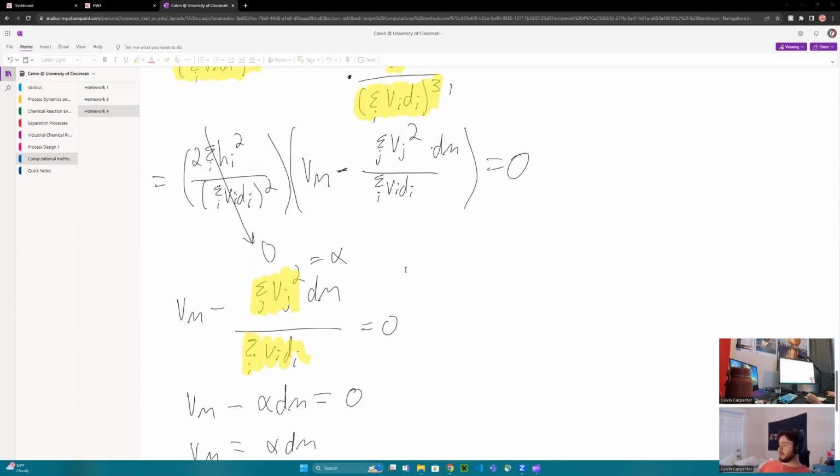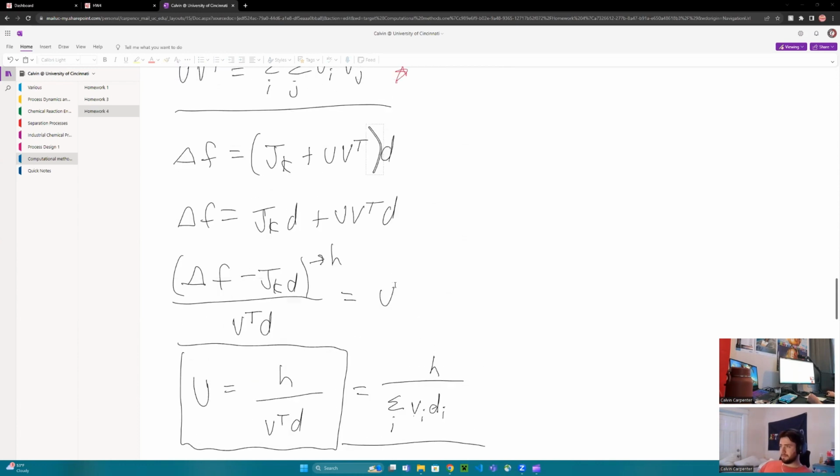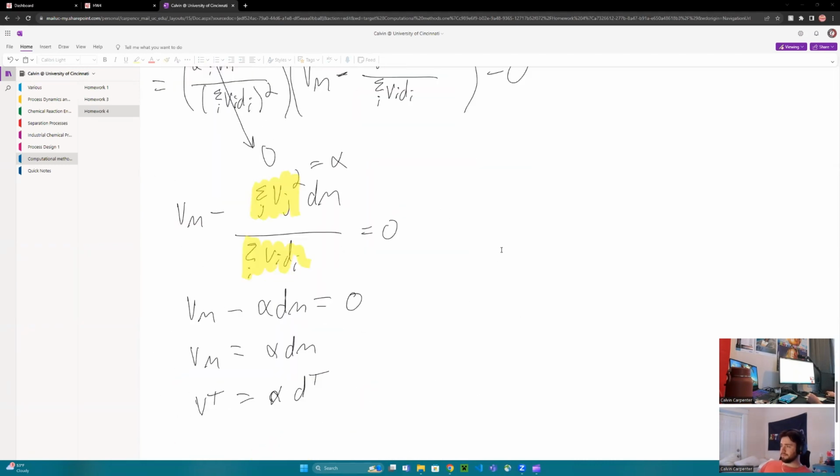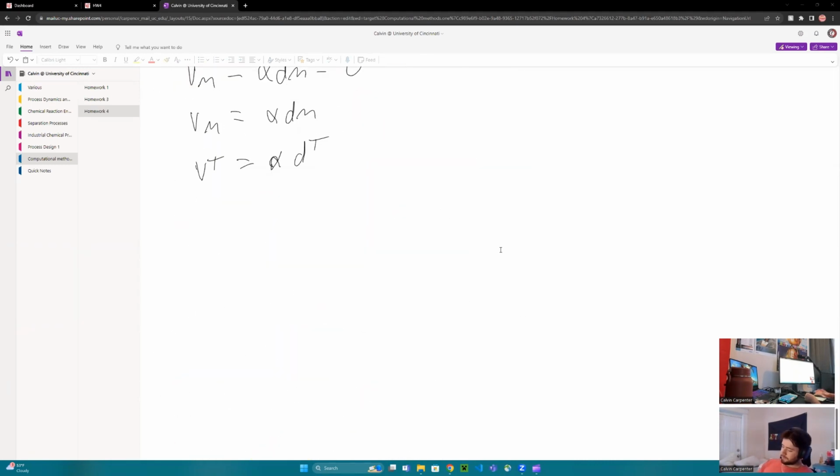So now, if we take our original equation, JK plus 1 equals JK plus UVT. We can substitute U and VT back into this in order to get what we want. So let's do it.